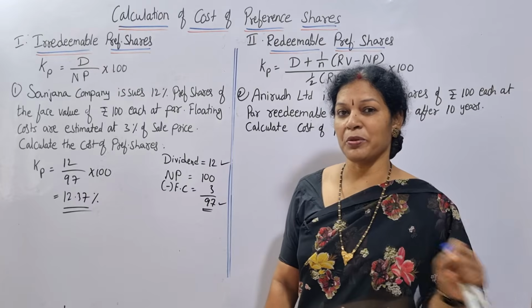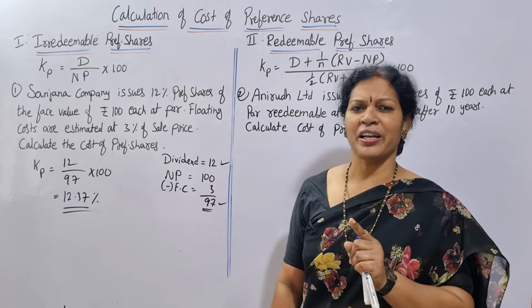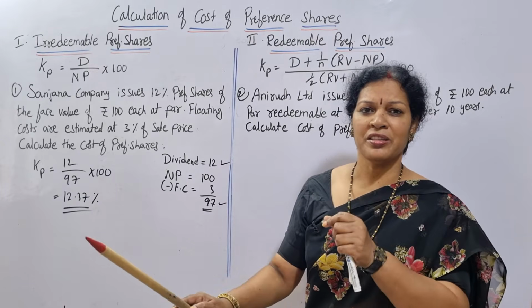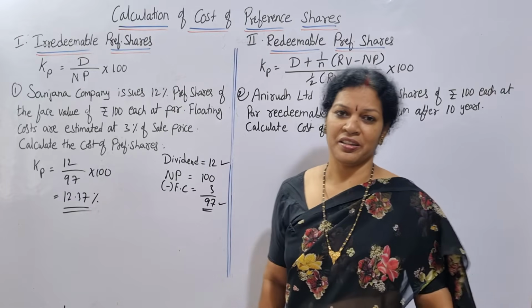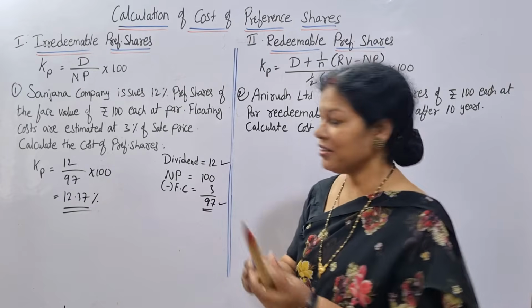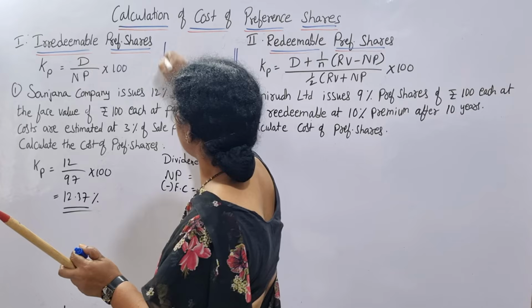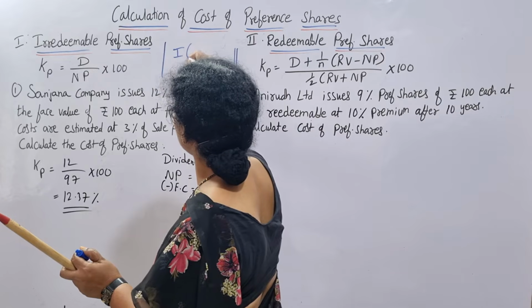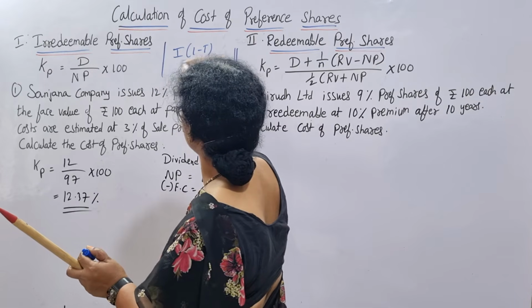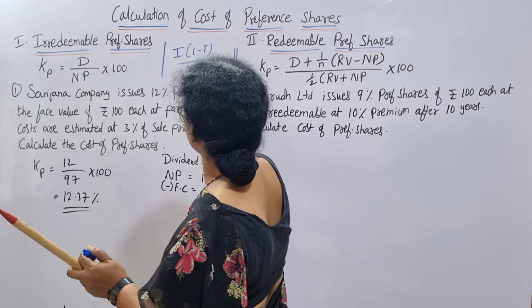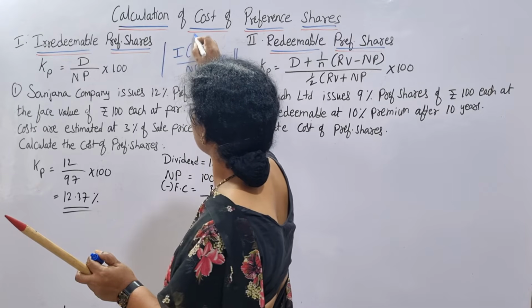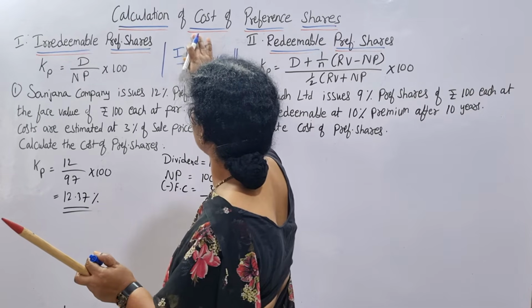There it was interest by net proceeds into 100, but whenever tax is there, interest into 1 minus T by NP into 100. Should I write? There it was interest into 1 minus T by NP into 100. This was cost of debt, KD.